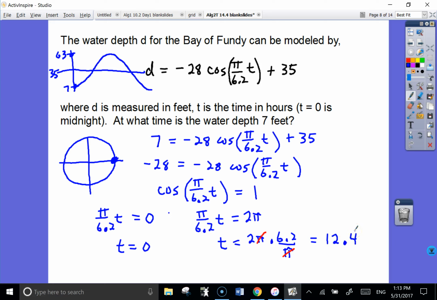So what time is that? Well, it's 12.4. So what's 0.4 times 60 minutes? 24 minutes, right? So it's actually 12:24.